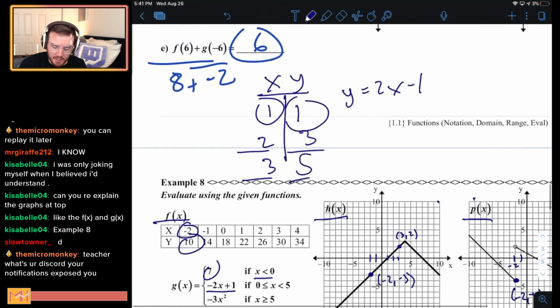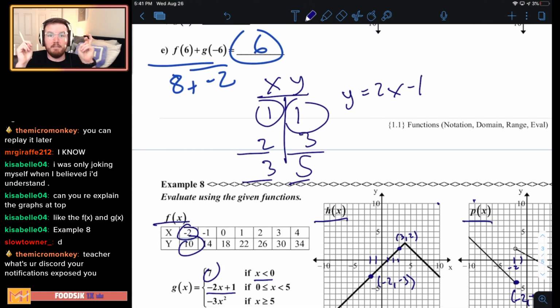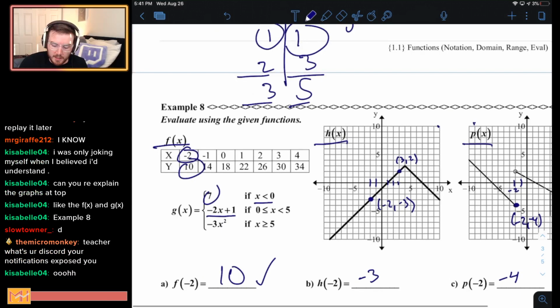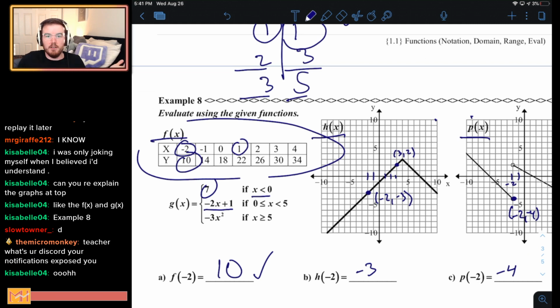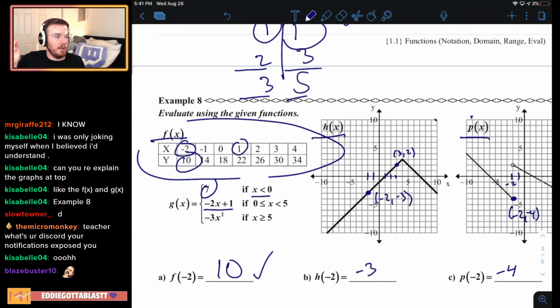So when I look at this, again, what does the word evaluate mean? To plug it in and see what answer you get. I don't know what that function looks like. It's just a table to me, right? But all I know is that when I plug in the number 1, it spits out the answer 22. When I plug in 2, it spits out the answer 26. That's all I know.